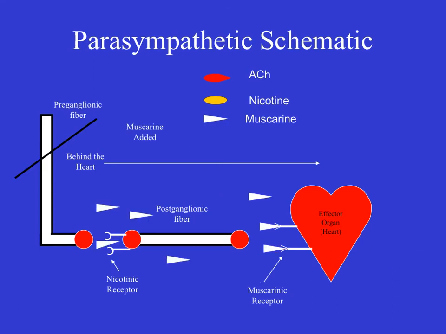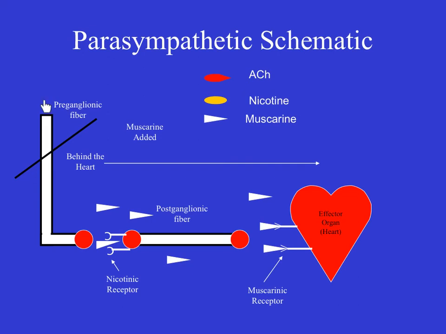Okay, so now if we go to the third objective, which looks at the effect of muscarine on vagal stimulation. I dump my muscarine in, it doesn't do anything here. I dump my muscarine in and it binds here.